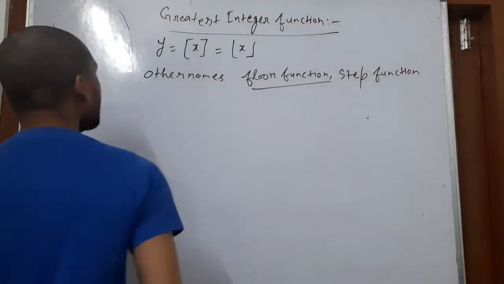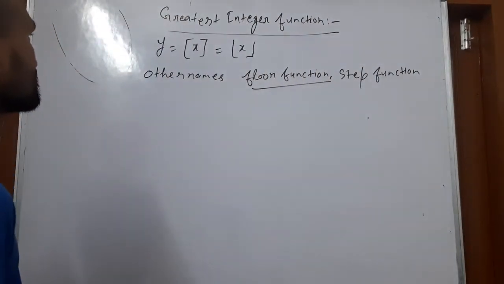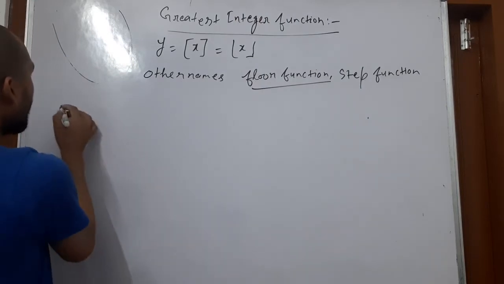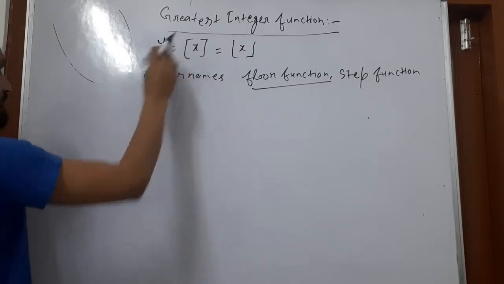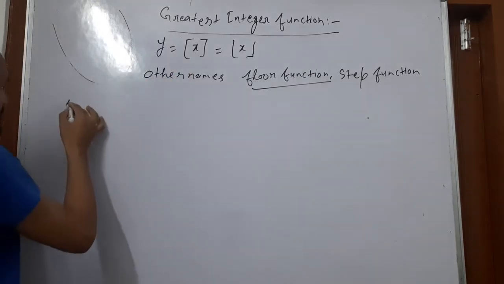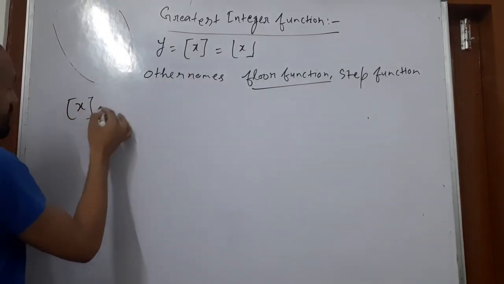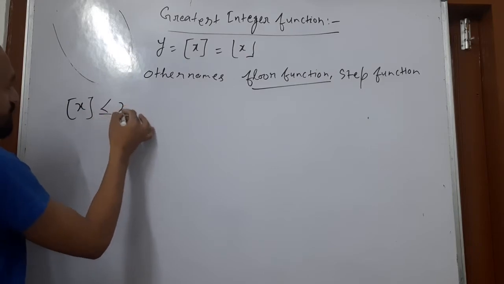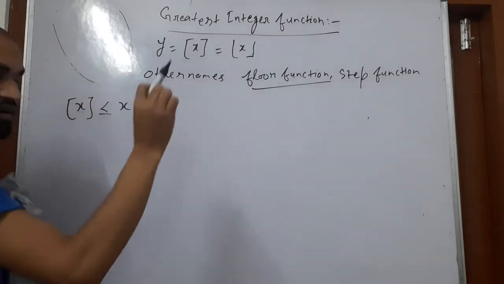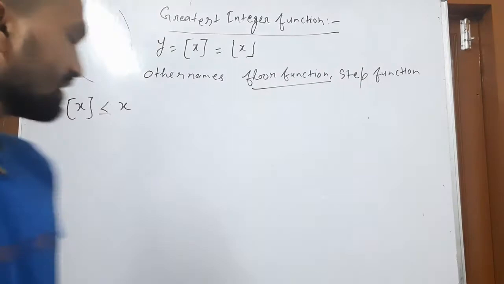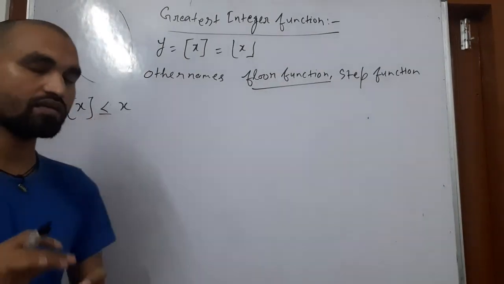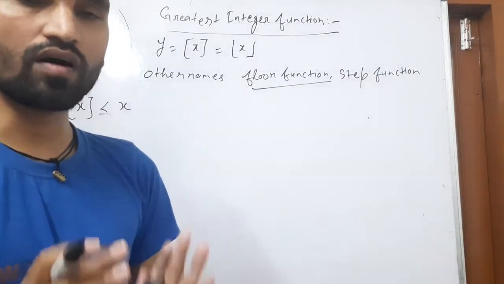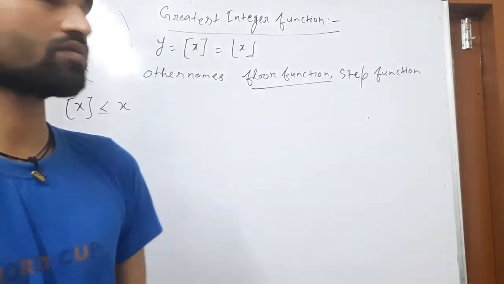Now, how is the greatest integer function defined? If y equals the greatest integer of x, the property is that its value will always be less than or equal to x for all real values. It will follow that the greatest integer of x is always less than or equal to x for all real values of x.